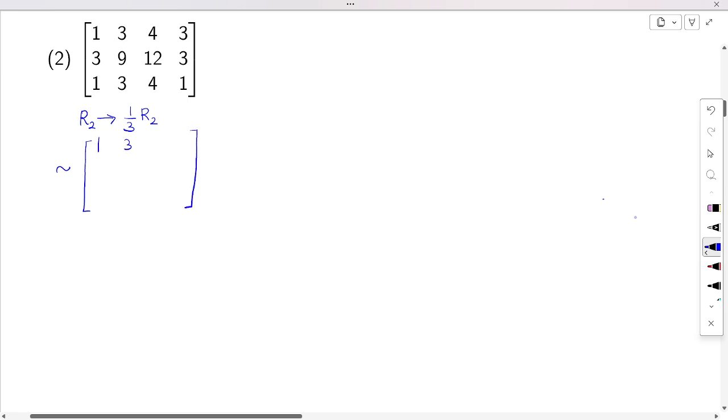This is 1, 3, 4, then 1, 3, 4, and 1, 3, 4. Now subtract row 2 from row 3.